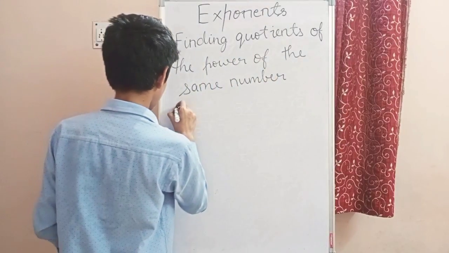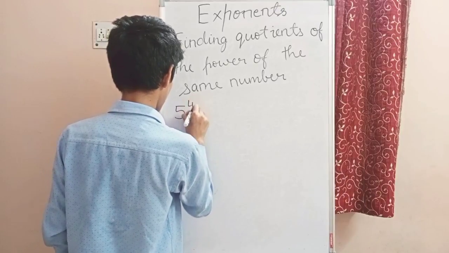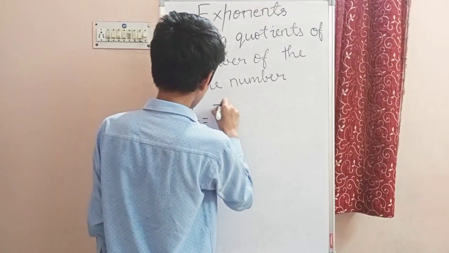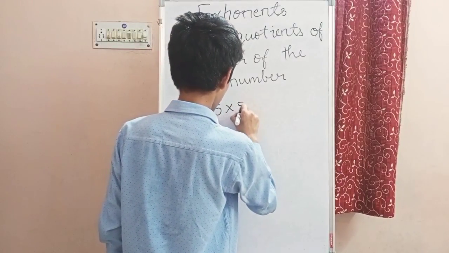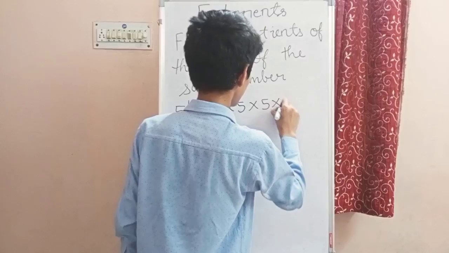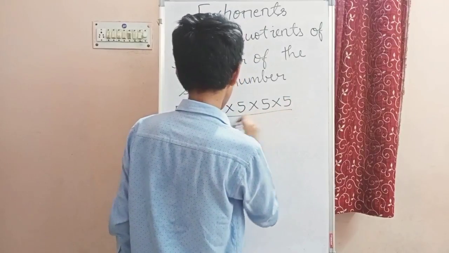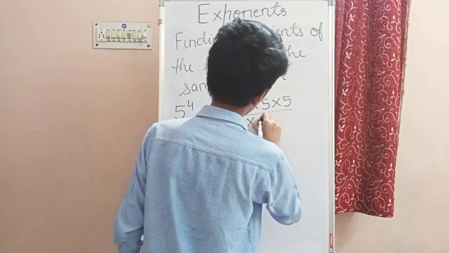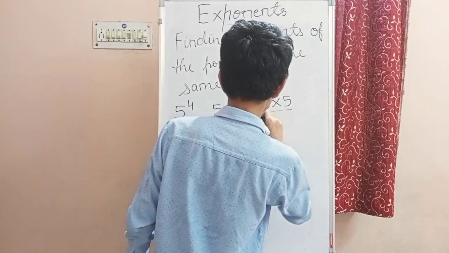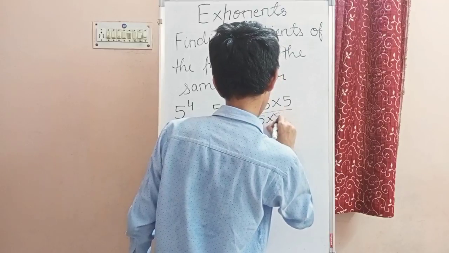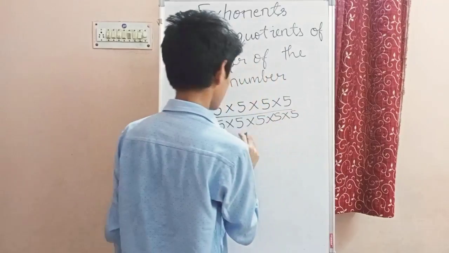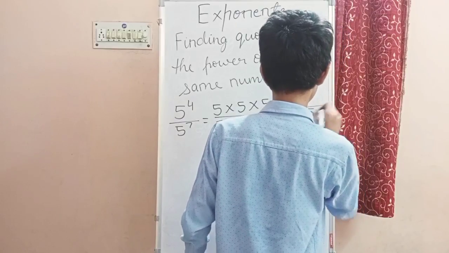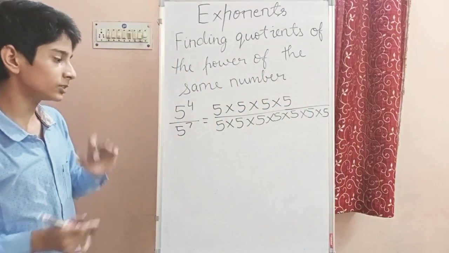Like if numerator is 5 raised to the power 4 and denominator is 5 raised to the power 7, then it will be 5 into 5 into 5 into 5 upon 5 into 5 into 5 into 5 into 5 into 5 into 5. Okay, this we have done, 4 upon 7.